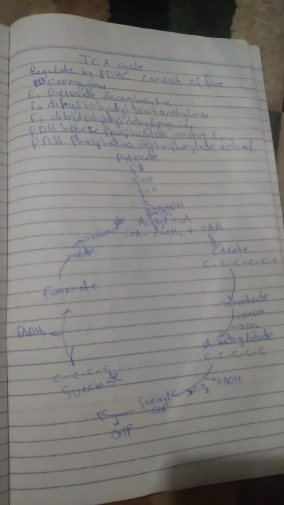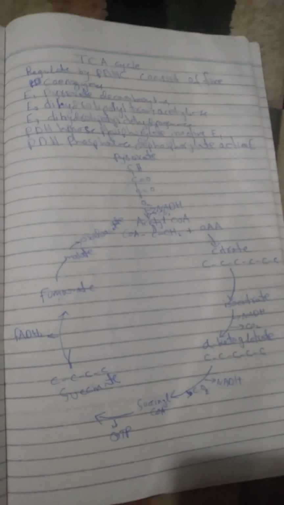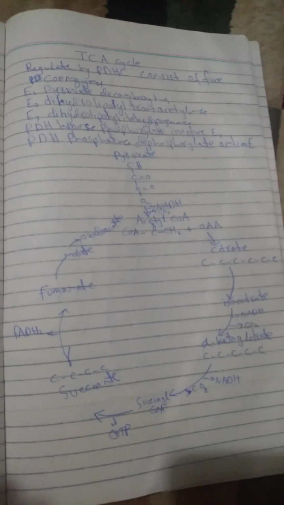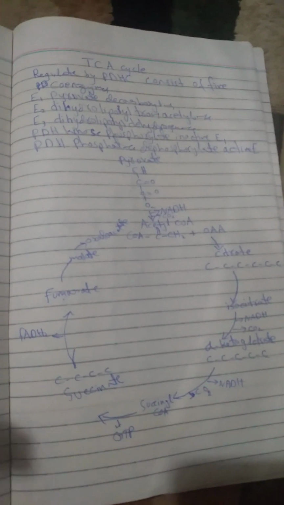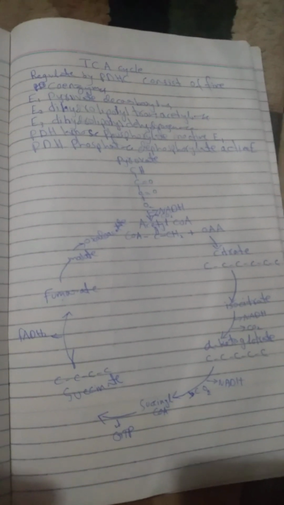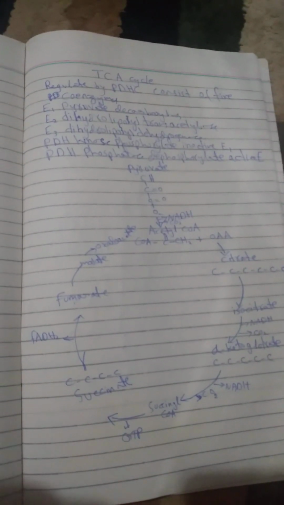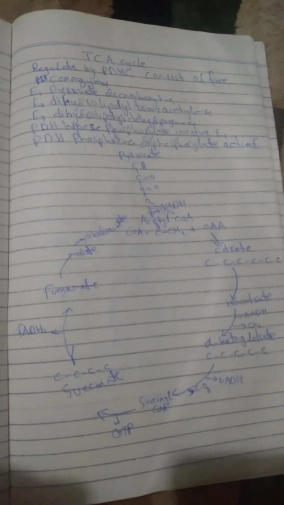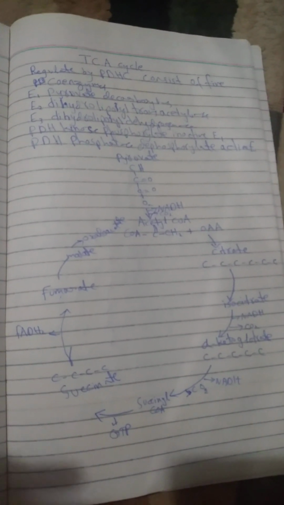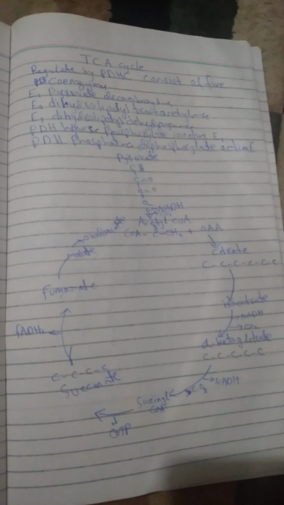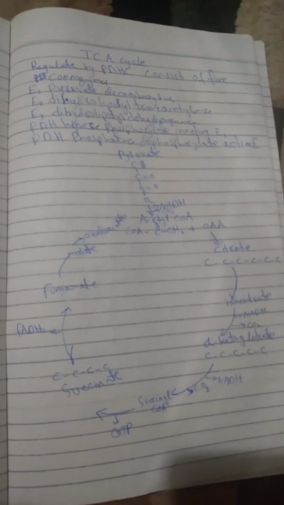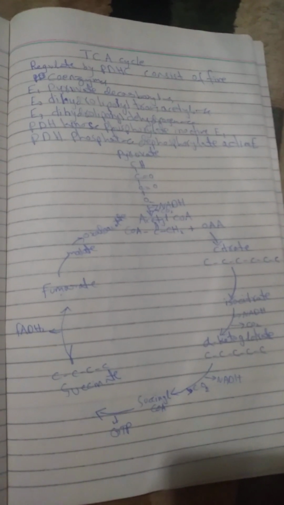for different cellular functions. So first, the pyruvate obtained from glycolysis is converted into acetyl CoA. Pyruvate is a 3 carbon compound, which is converted into acetyl CoA, which is a 2 carbon compound. When pyruvate is converted into acetyl CoA, we gain one NADH and one carbon dioxide molecule, and the cycle goes forward.